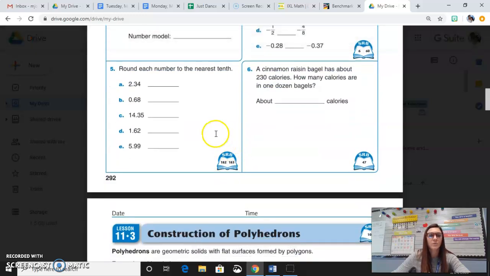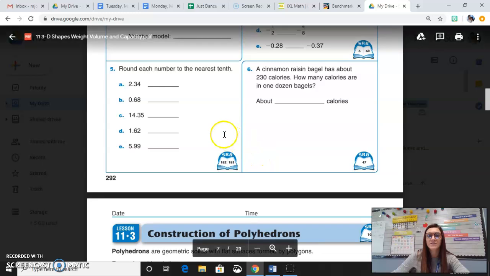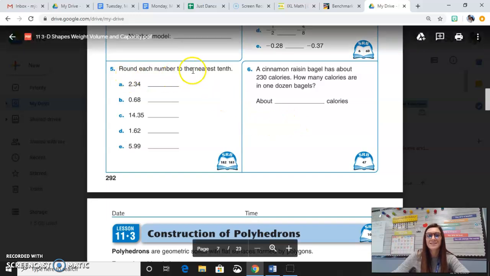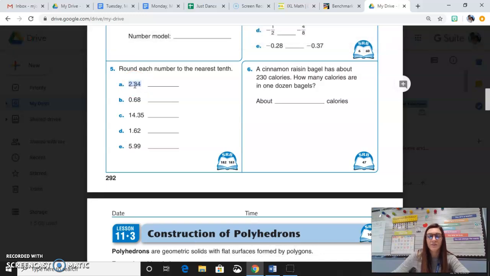Number 5, round each number to the nearest tenth. Remember your place value. You have your decimal, then you have your tenths, hundredths, and thousandths. So if you're rounding each number to the tenth, my 3 here is going to be my tenth spot because it's right after that decimal. So I'm going to write 2 point, and then I need to think, okay, my 3, is it going to stay 3 or is it going to round up to 4?